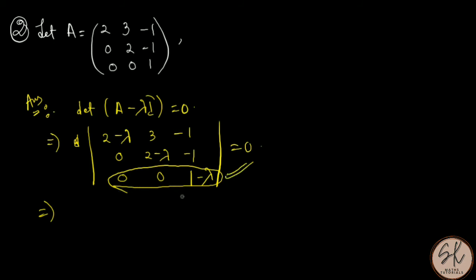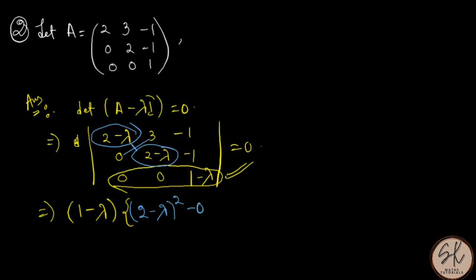So the determinant is 1 minus lambda into (AD minus BC), which is (2 minus lambda) whole square minus 0, equals 0.